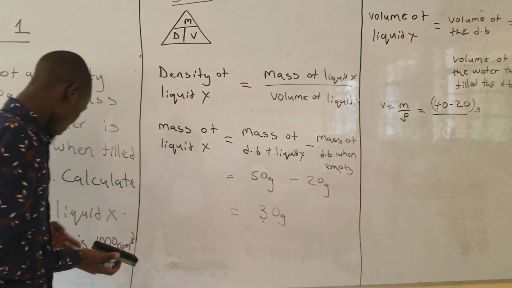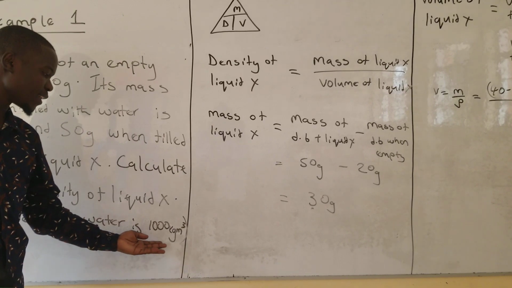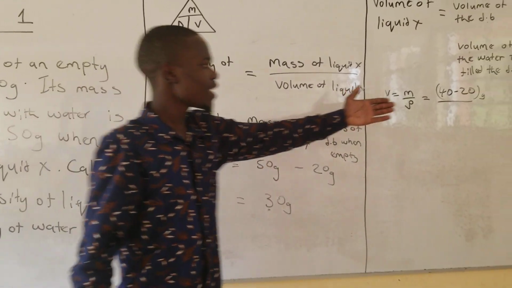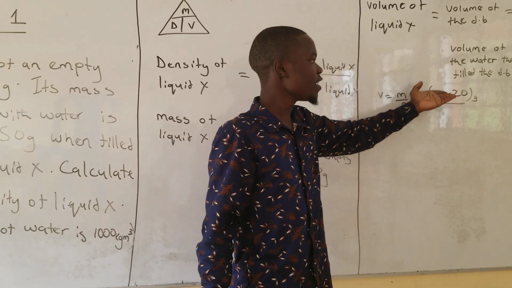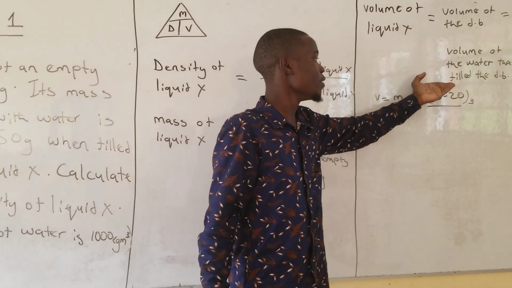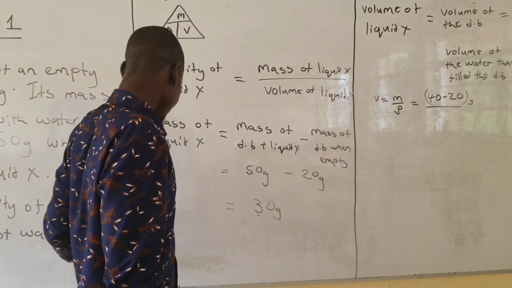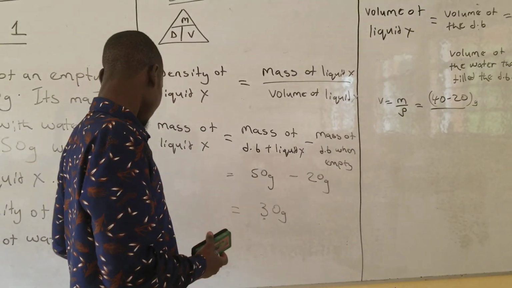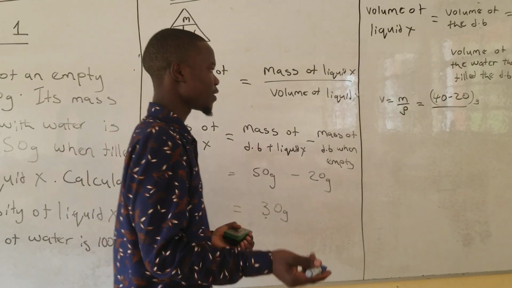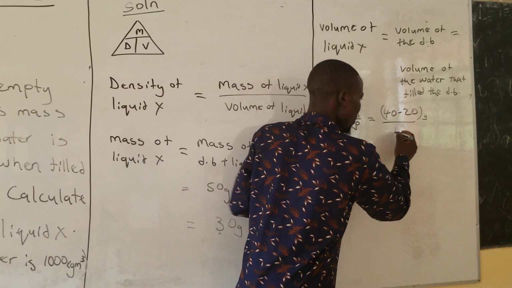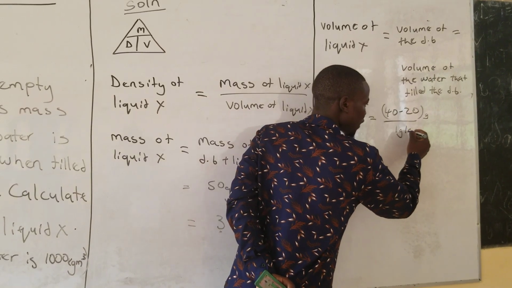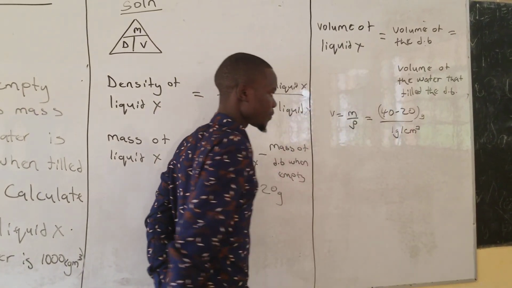Look at here. We are given the density of water in kilograms per cubic meter. But the mass here is in grams. So it's either we change this one into kilograms or we change the density into grams per cubic centimeters. Let us just change the density into grams per cubic centimeter for this case. Therefore, the density there, the 1000 kilograms per cubic meter is going to be 1 gram per cubic centimeter.